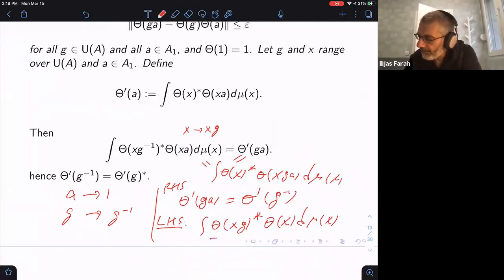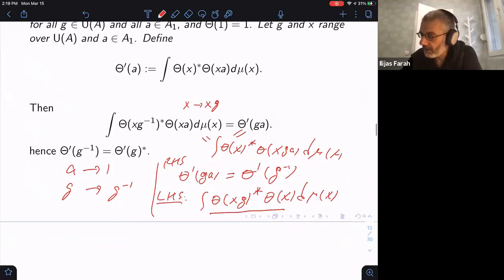Look, if I conjugate the left-hand side, I get theta of x star, theta of xg, which is exactly this, but with a replaced by g. So this is theta prime of g, but conjugated. I can conjugate under the integral sign, since conjugation is a continuous operation.